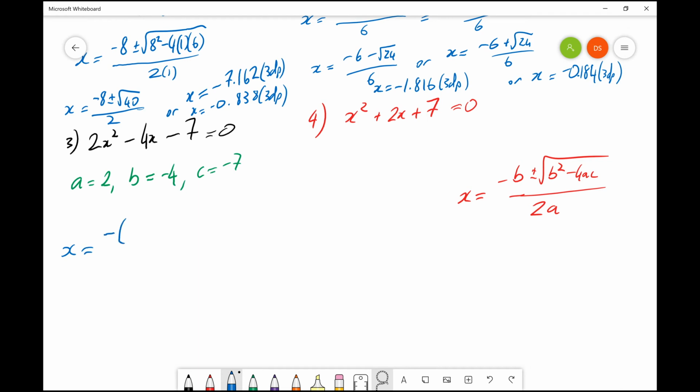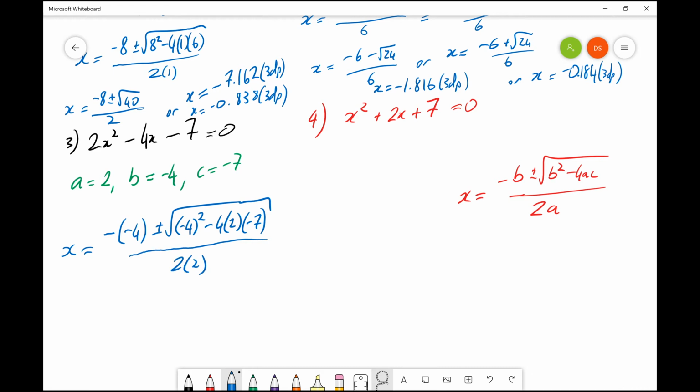Negative b. So negative of negative 4 plus or minus the square root of negative 4 squared minus 4 times 2 times negative 7. Okay, so this is why using brackets in your substitution is really important.